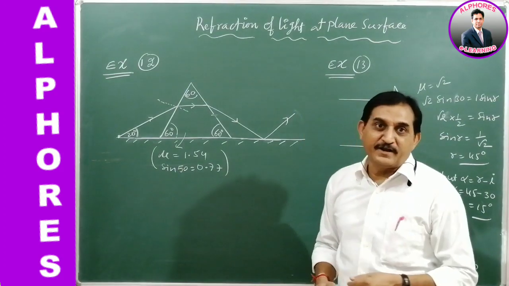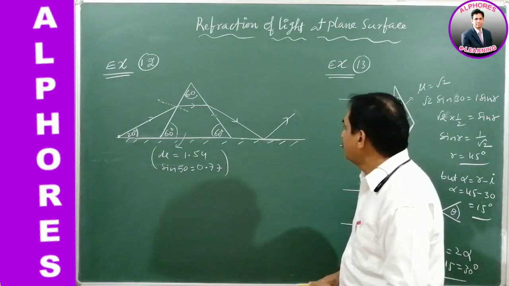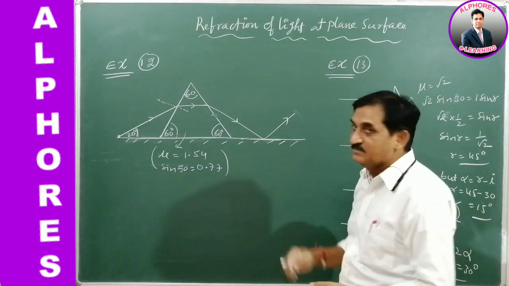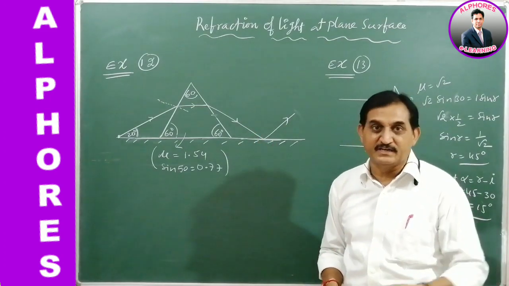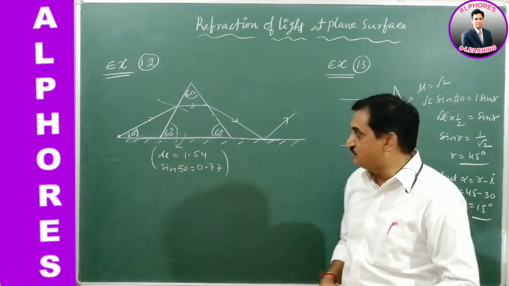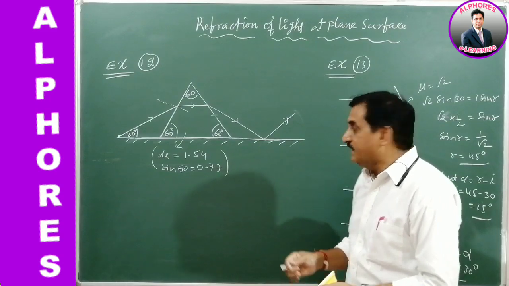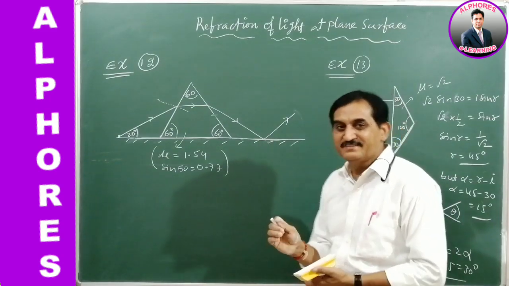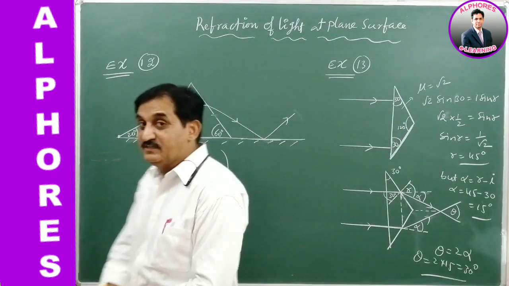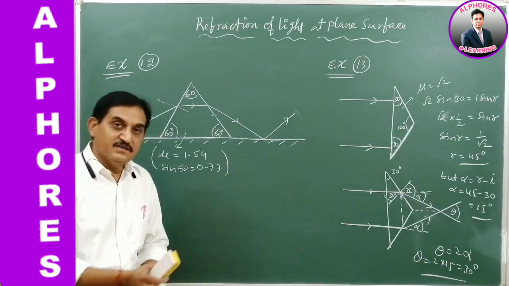A ray is refracting through it symmetrically, and the emergent ray is incident on a plane mirror, which is kept on the ground at a certain distance beyond this prism, and again undergoes reflection. Then find the total deviation suffered by the light in this process.